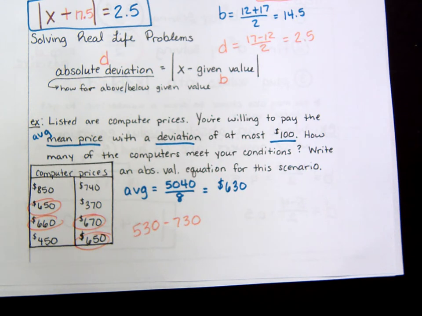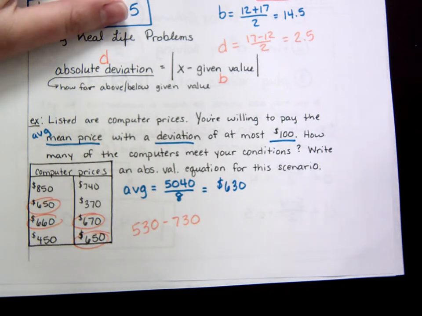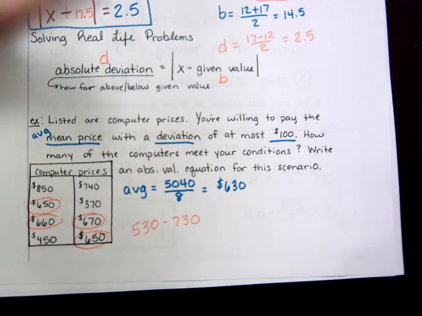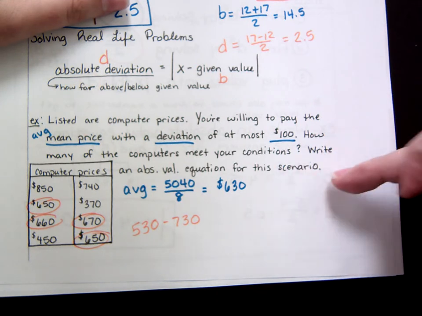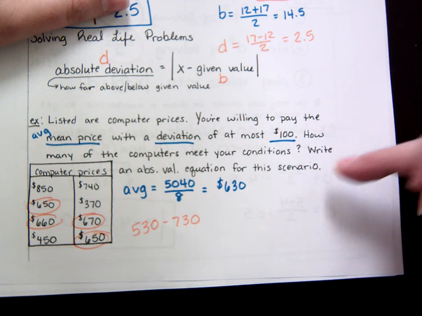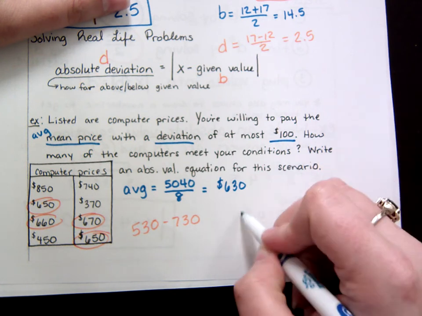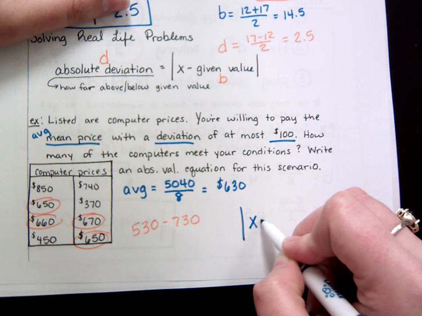Well, the thing is, there was a computer programmer who designed the program and the algorithms that'll make it work, which includes this absolute value equation. So what the absolute value equation we're writing for this scenario would be the absolute value of x minus our given value.